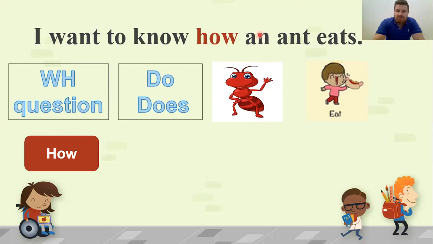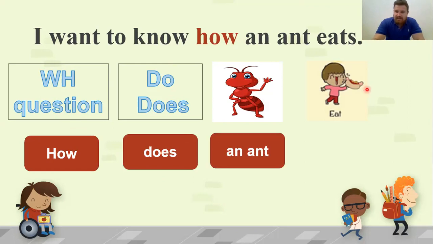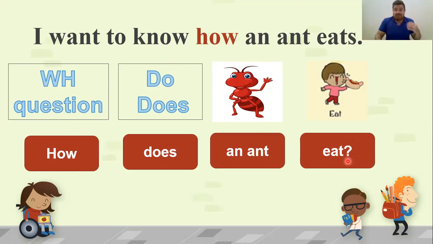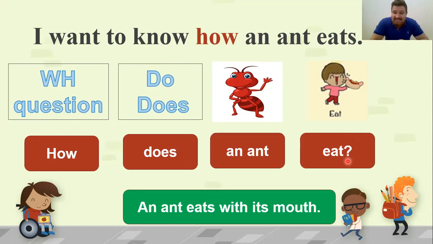How, of course. Now, one ant means we must use does. An ant and eat with the question mark. All right. Now, how does an ant eat? If you don't know, Teacher Shelto will show you. An ant eats with its mouth, just like me and you. Okay, an ant has a little mouth and it eats with its mouth.